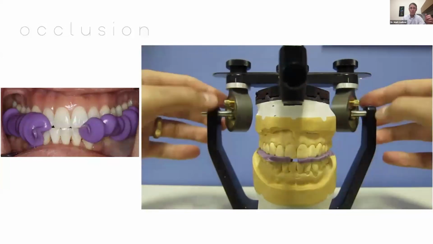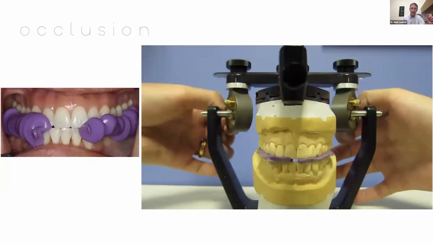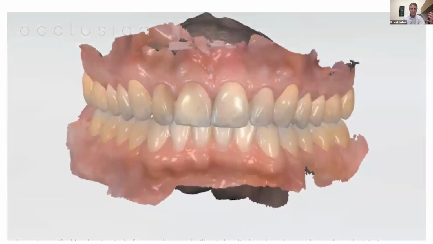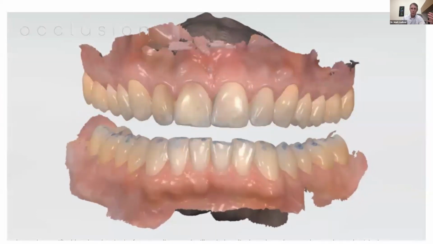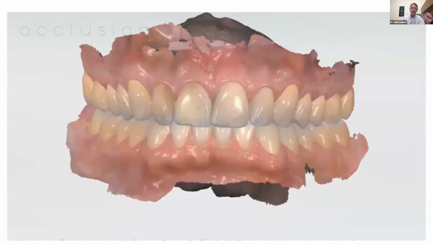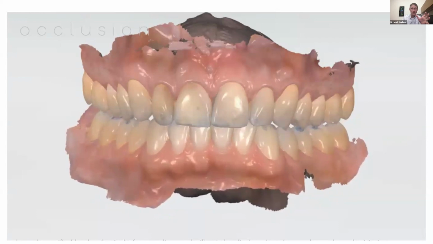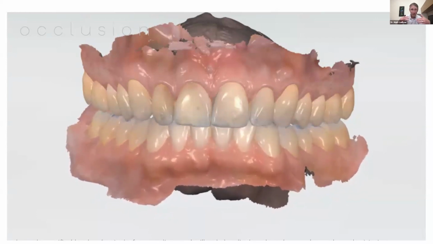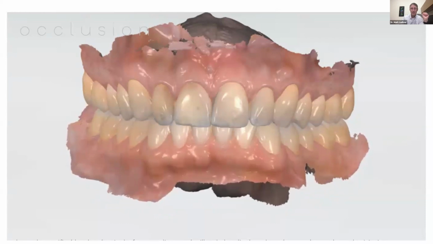Well, the cool thing about a lot of these different intraoral scanners these days is we can actually register dynamic motion. We can register the chewing stroke so we can see how that works. We can have them go into their different excursive motions so we can register that and see how far they go into their lateral excursions, how far from a protrusive aspect they go.